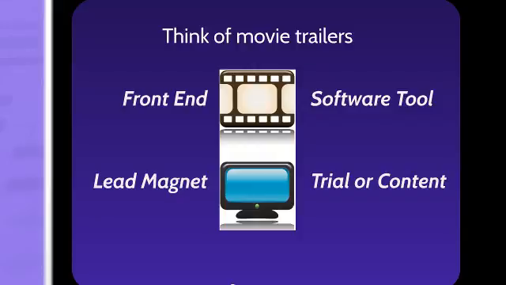Or the lead magnet can be a piece of content, a report, a video that shows the top 5 tools to use, and maybe one of those 5 tools is your software tool, right? Essentially we're taking a piece of the whole that is interesting and intriguing to make them want more. That's really what it's all about.